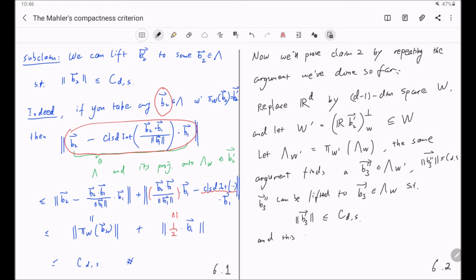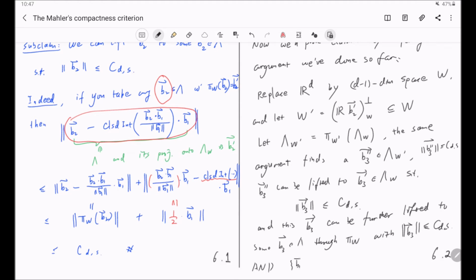And this B3 prime can be further lifted to some B3 in lambda through this orthogonal projection, with the norm still bounded by some constant that only depends on D and S.